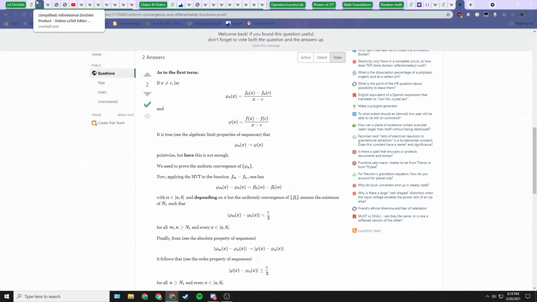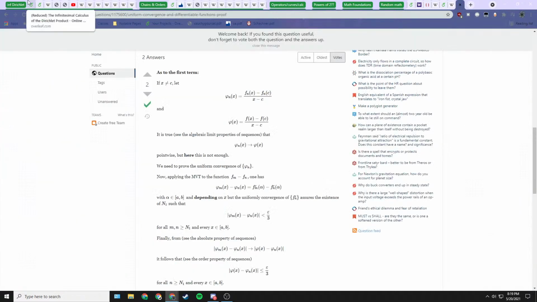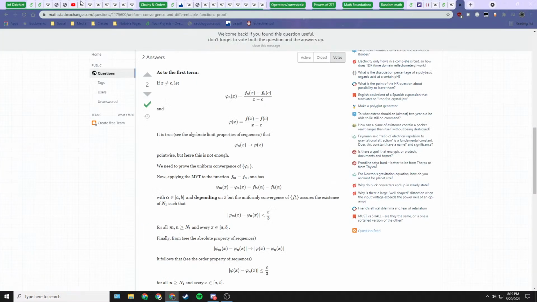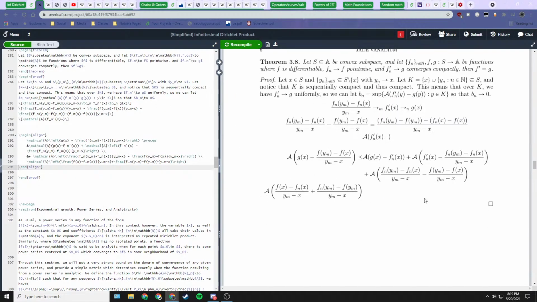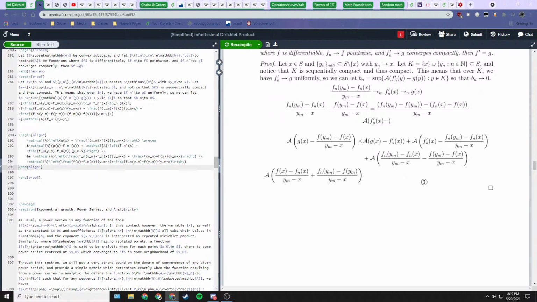But they are showing that these corresponding ones converge to this uniformly with n, I think. Yeah, only with n, which is true, I think.